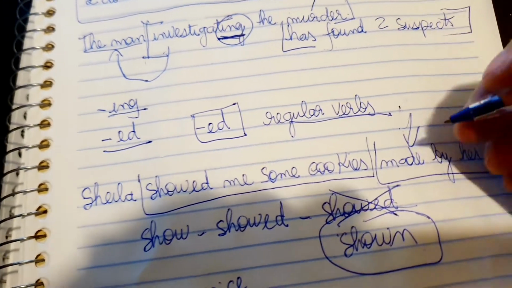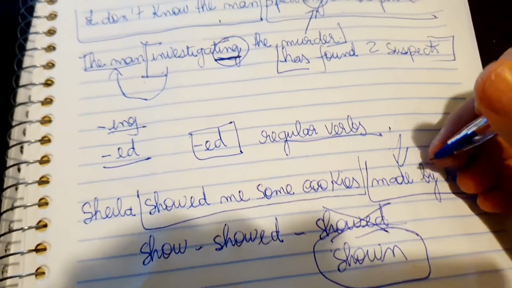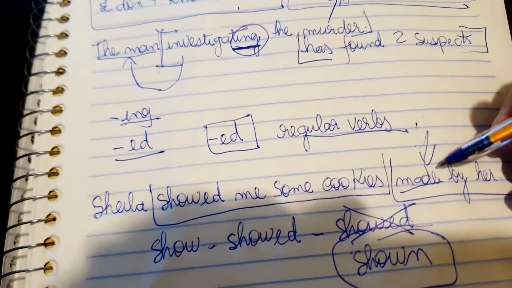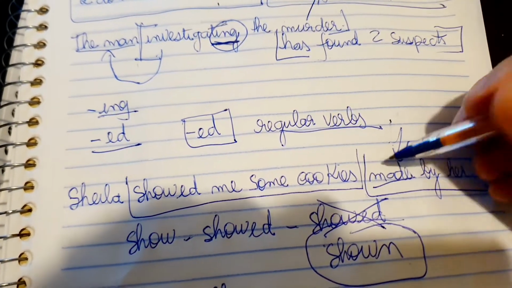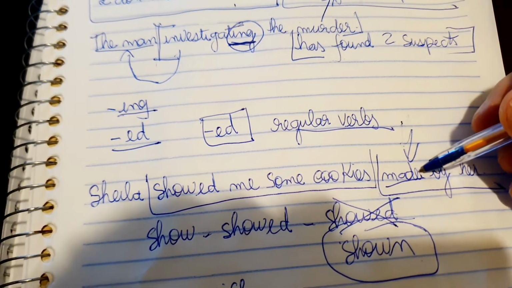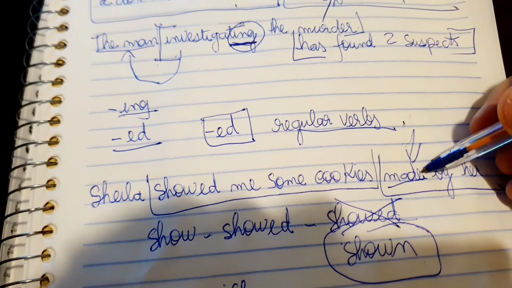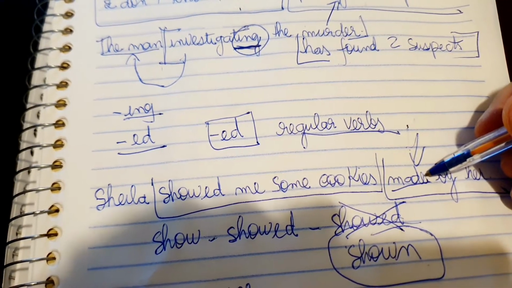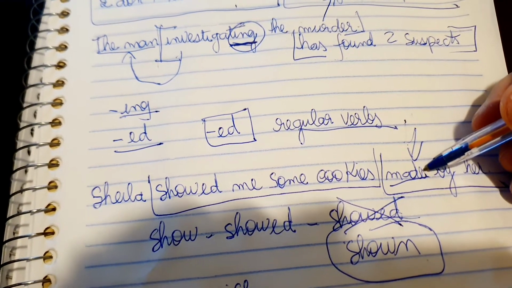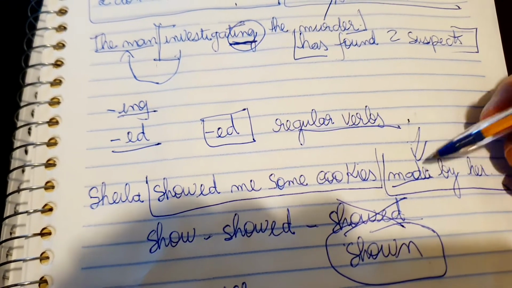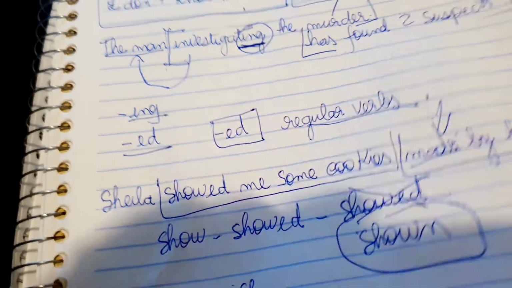Made by her. This example is not very good because made is an irregular verb, so the relative clause here doesn't start with a verb ending with ed. Make, made, made. But I will show another example, don't worry.